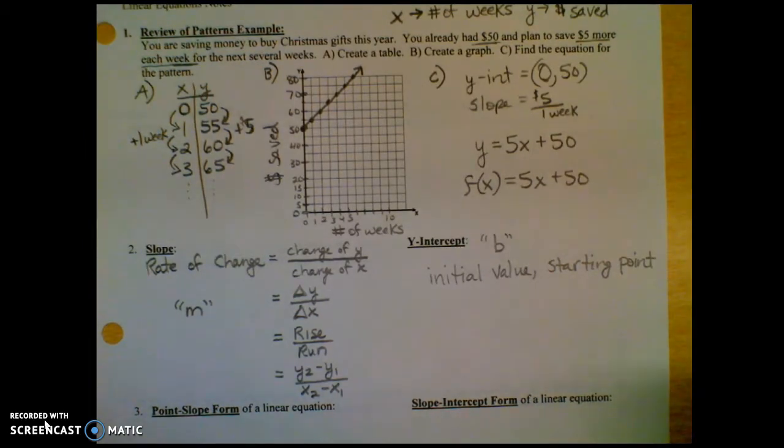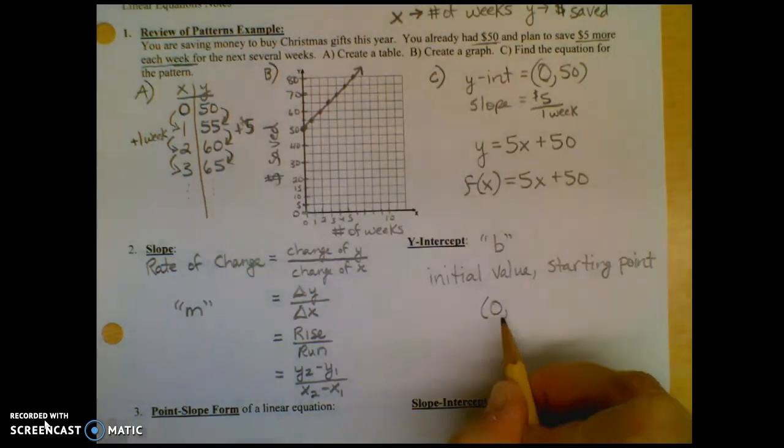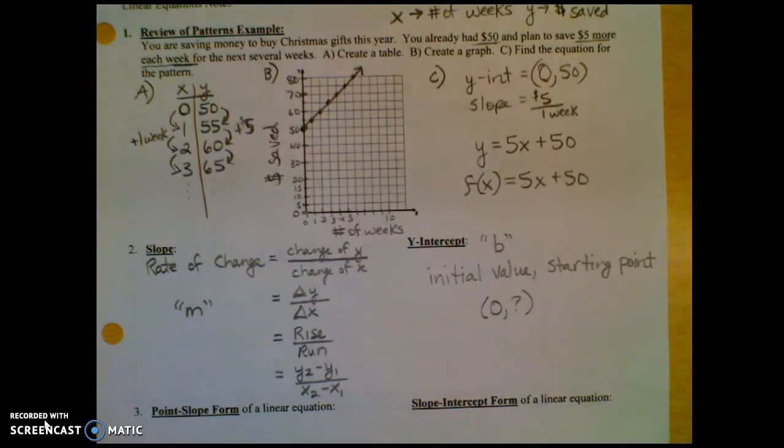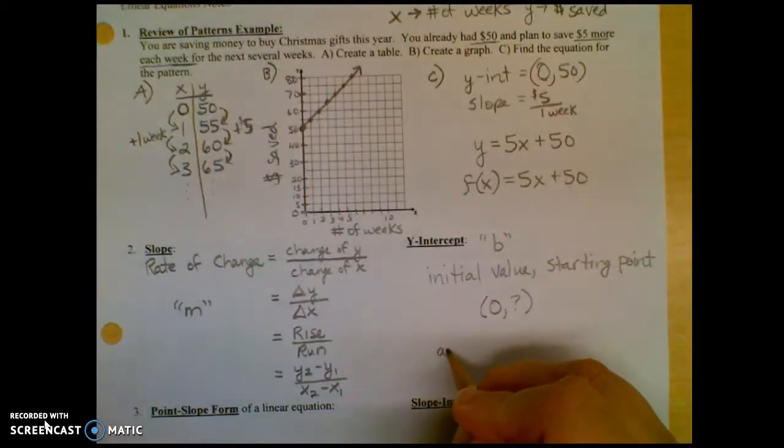And this is always a coordinate where 0 is in the x variable spot. And then you can find what the b value is, or the y-intercept. And from the picture here, it's always along the y-axis.